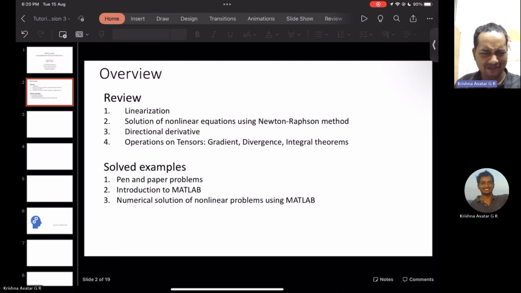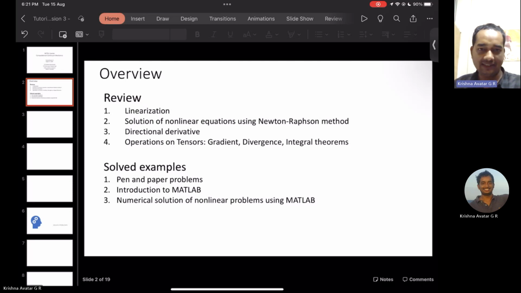And then I would be talking about MATLAB today, since this is a course on numerics, and so we need to have some knowledge of MATLAB or MATLAB-like software such as Octave and GNU Octave, or Scilab, and even FreeMat.